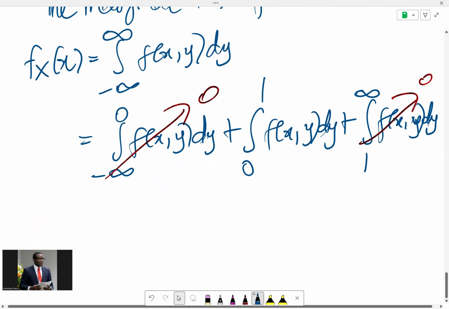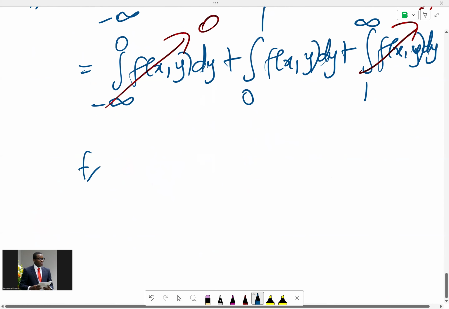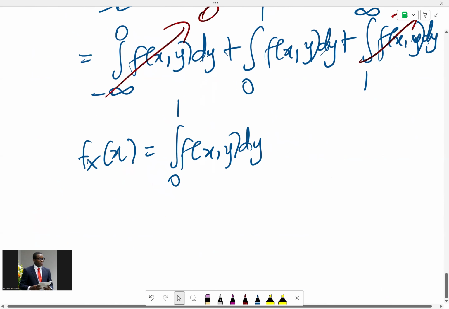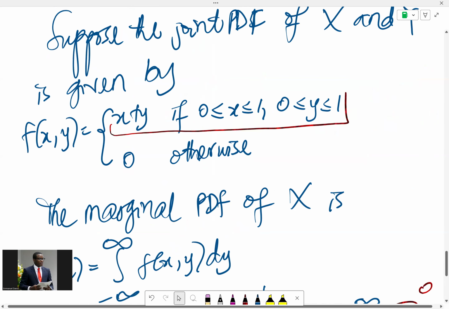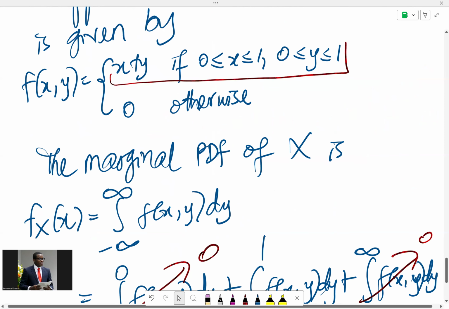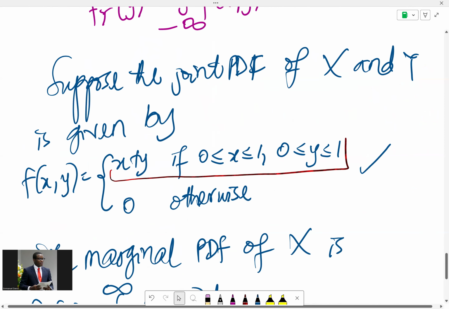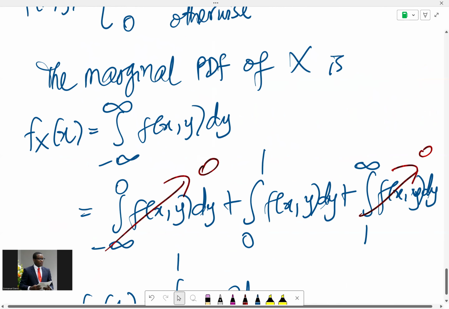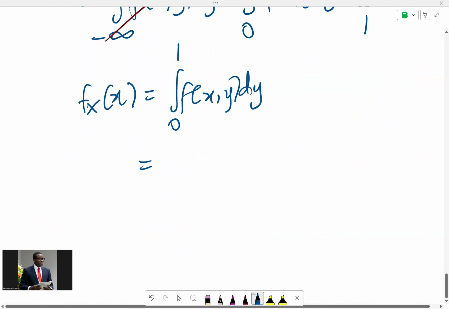So in the long run, we have that f of x is simply the integral from 0 to 1 of f of x, y, dy, and f of x, y is actually x plus y as given by the joint probability density function. So this is the integral from 0 to 1 of x plus y dy. That is our f of x.